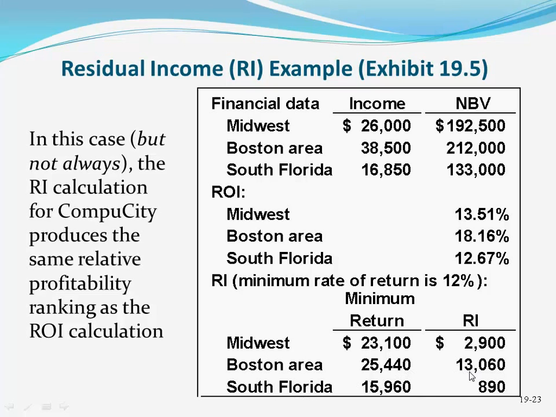The same method is used to calculate it for the Boston area and the South Florida area. You see that the RIs are positive. The residual incomes are positive for all areas, and that's because the ROIs for all areas exceed the minimum rate of return required, which is 12%.